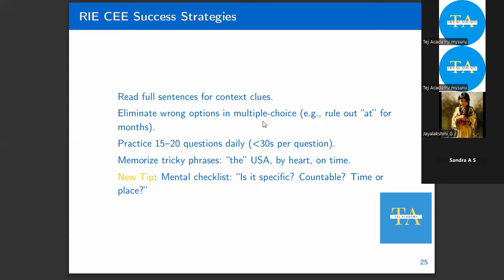That will make your work easier, and you will be more familiar with the question pattern. And memorize tricky phrases by heart. If you're comfortable with English, it will be easier for you to understand where we can use the correct preposition. Otherwise you can practice.